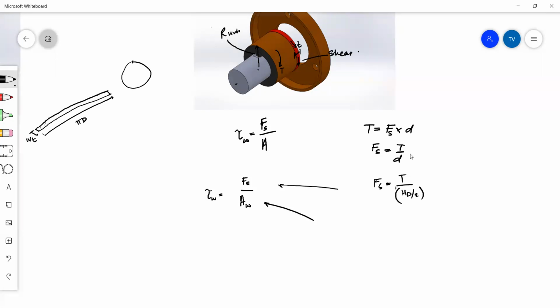That's the area of our stressed surface. So area of the web is web thickness multiplied by pi times hub diameter.